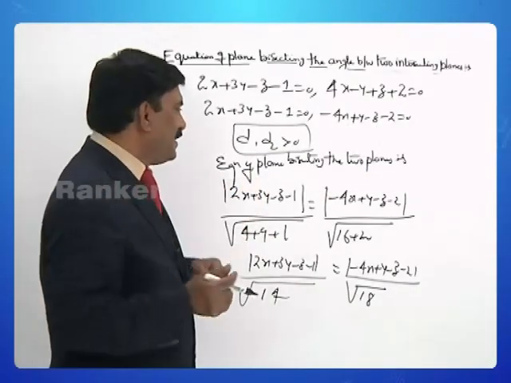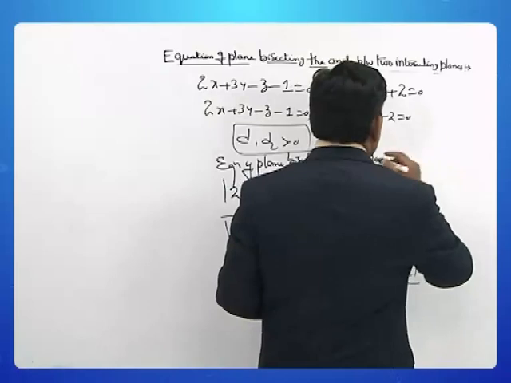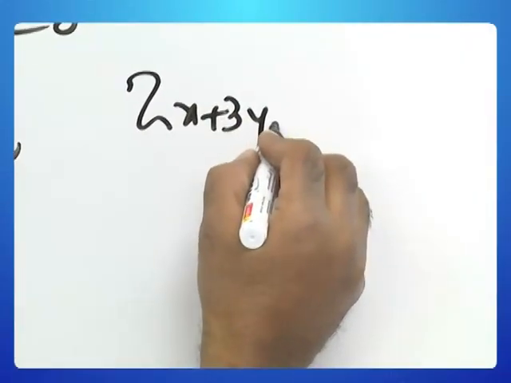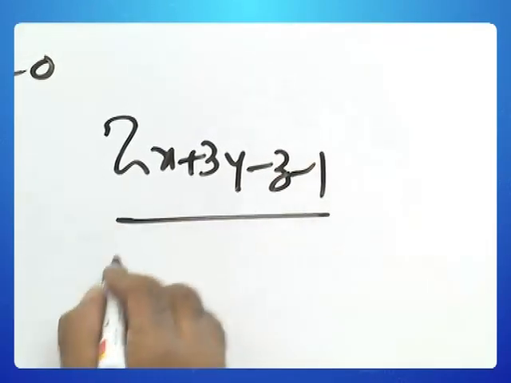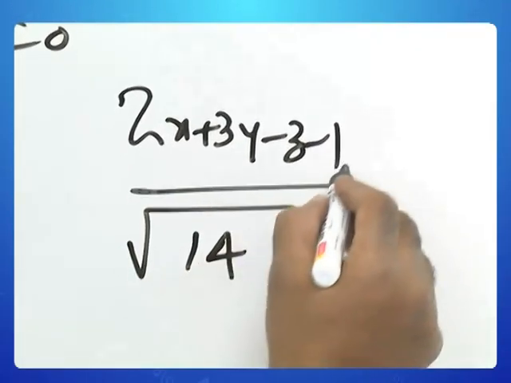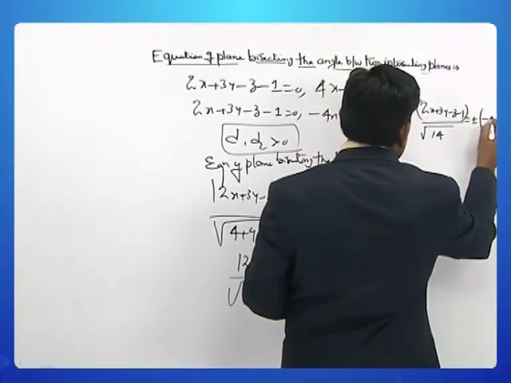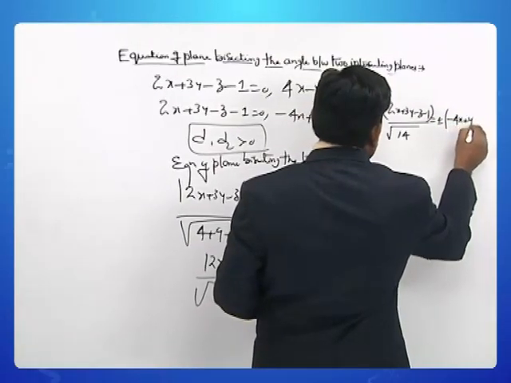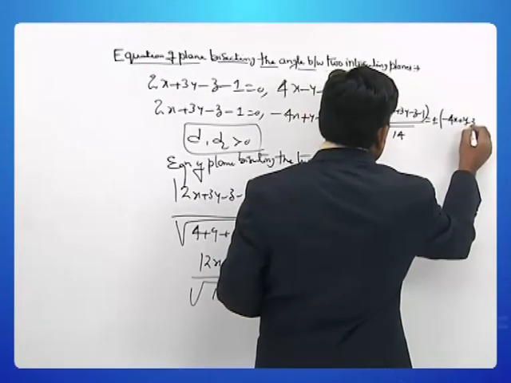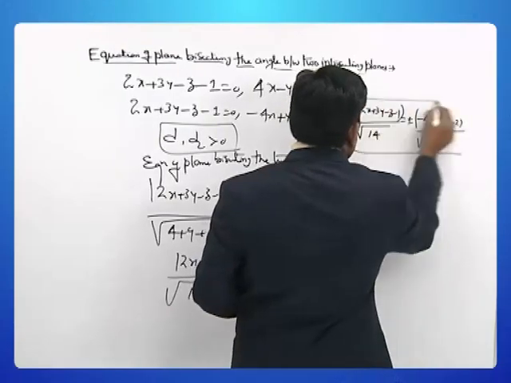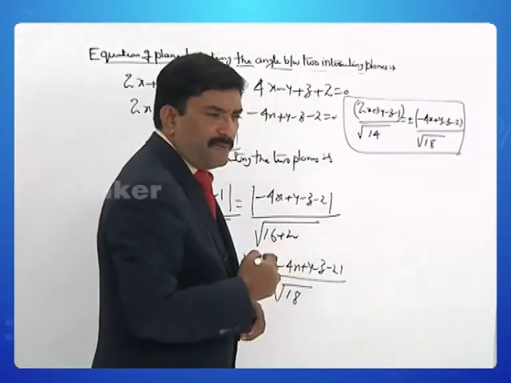Remove the modulus sign. What does the modulus sign give? I can write 2x plus 3y minus z minus 1 by square root of 14 is equal to plus or minus of minus 4x plus y minus z minus 2 by square root of 18. This is how you can write it. These are the bisectors.